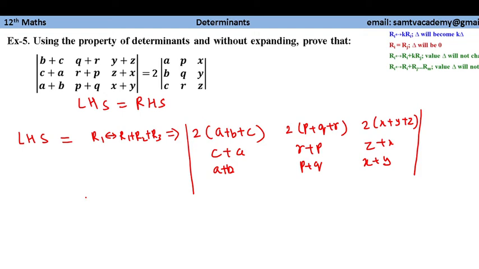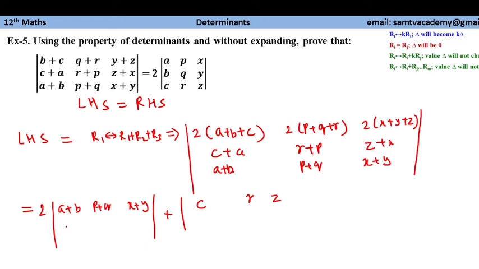Now next step, we will expand this. We can expand this and take 2 common from here. So if we take 2 common from here, we expand it into 2 determinants. First we will write A plus B, P plus Q, and X plus Y. The third row will be C, R, Z. Next we will write the other terms as they are.